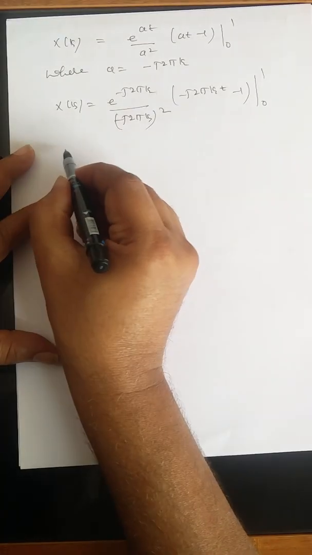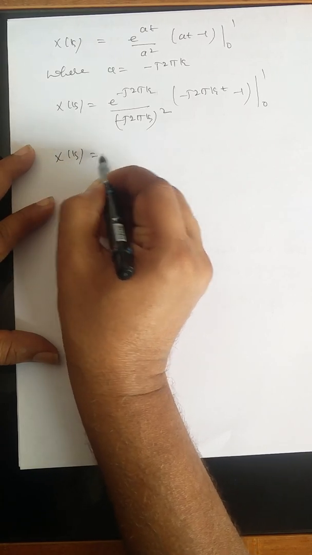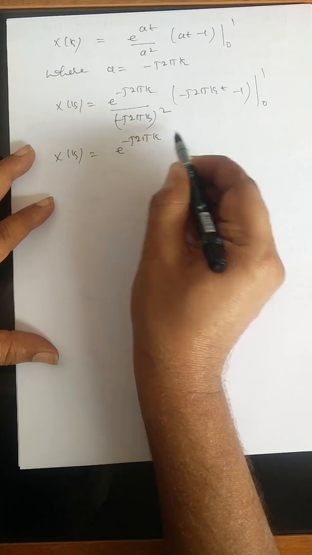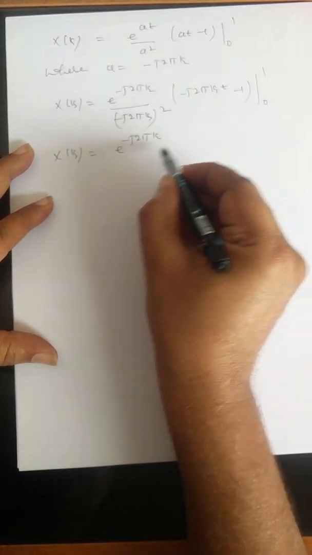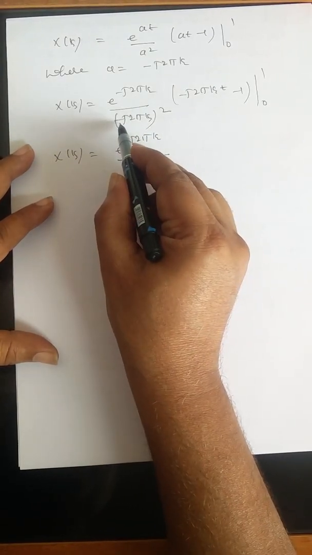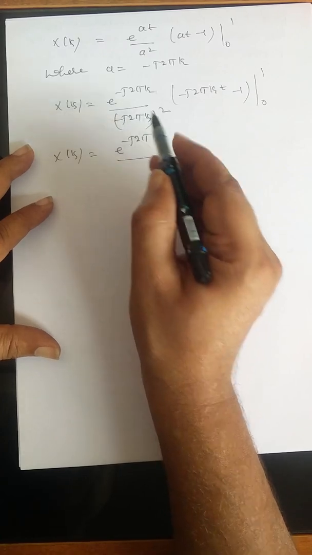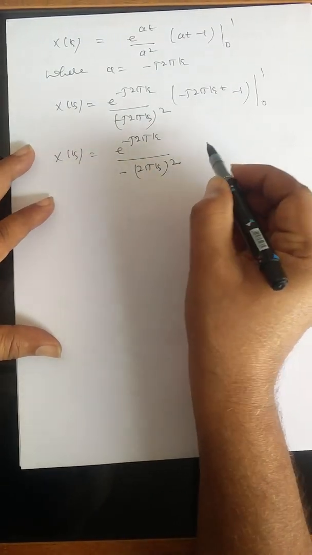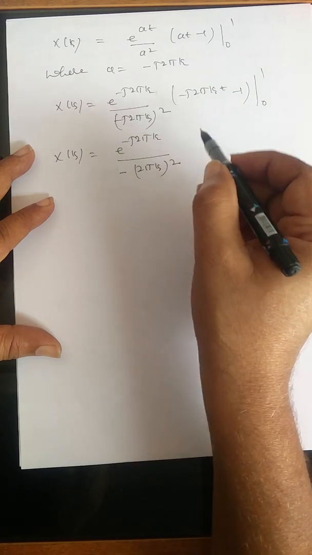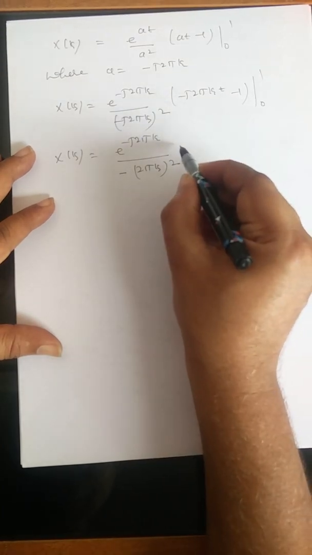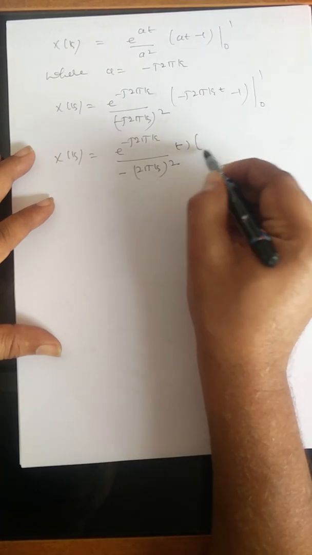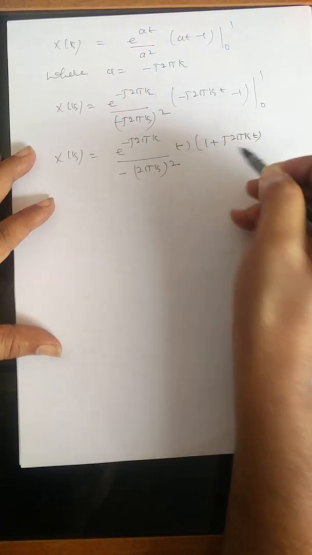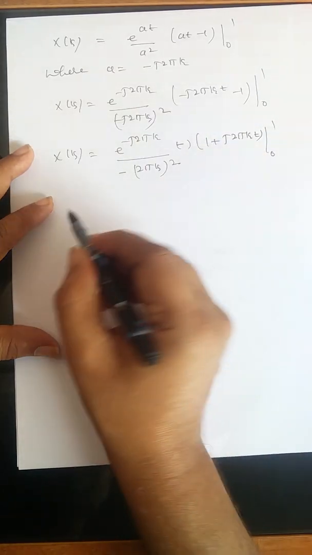Okay, this will become X of k is equal to e to the power of minus j 2 pi k whole divided by minus, its square becomes plus, j square becomes minus sign, minus (2 pi k) whole square, and here you can take minus common, it will become 1 plus j 2 pi k into t. Apply the limit 0 to 1.